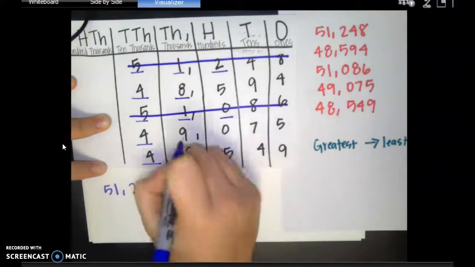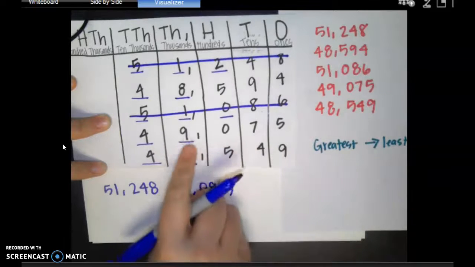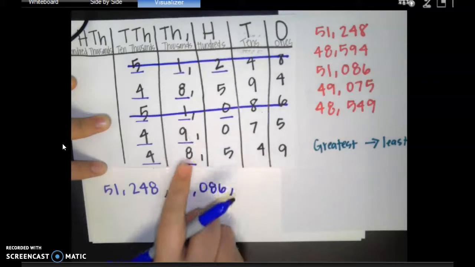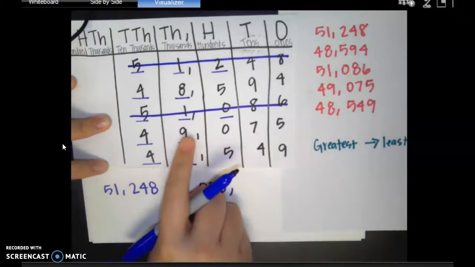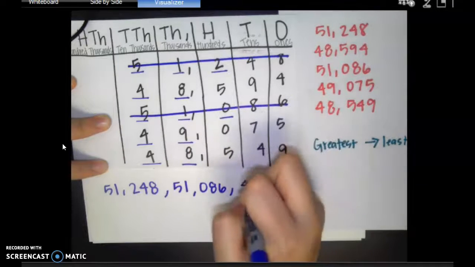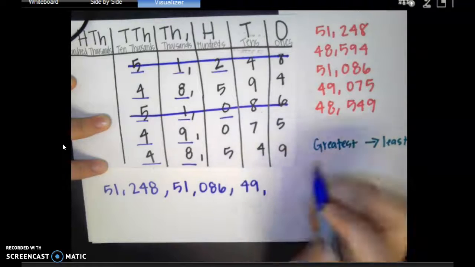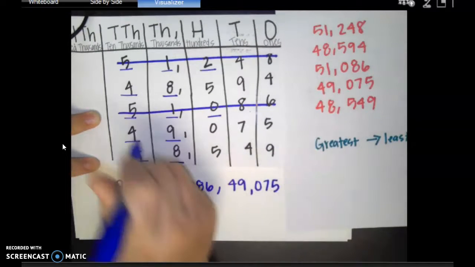I have an 8, a 9, and an 8. 8, 9, 8. Which one is greater? 9. So that means 49,075 is the next number in our ordering from greatest to least.